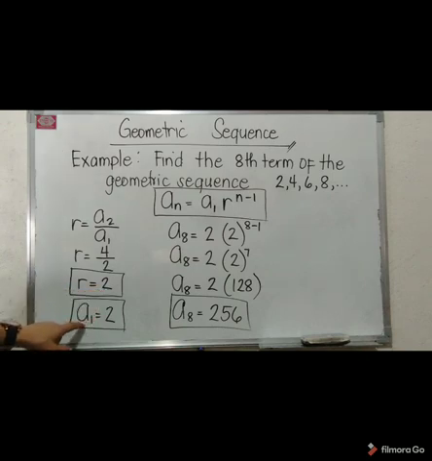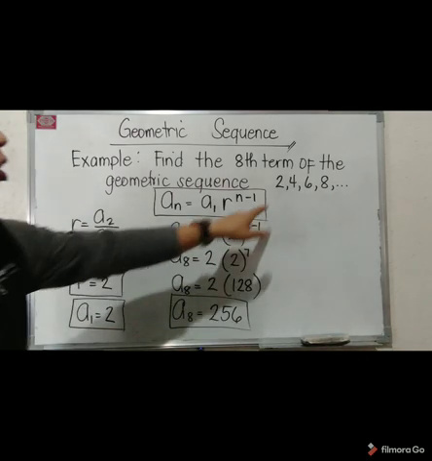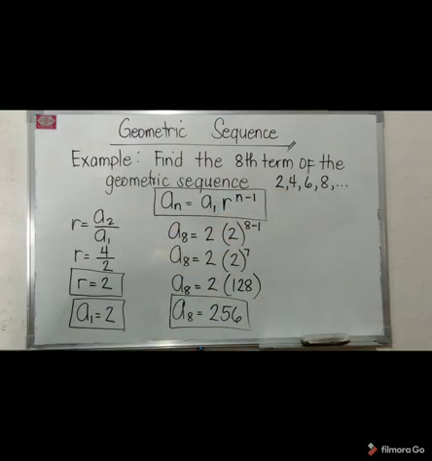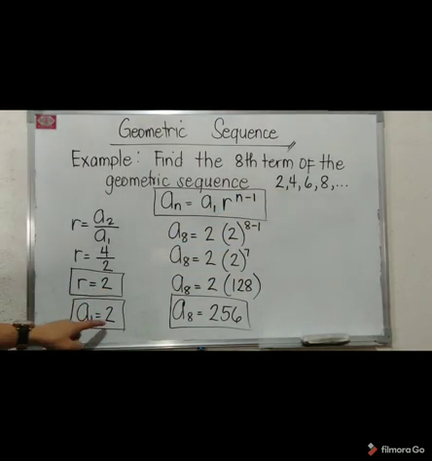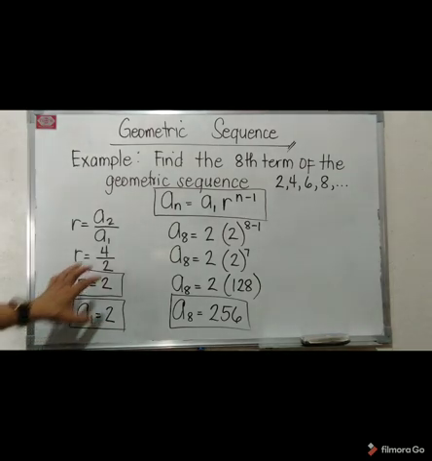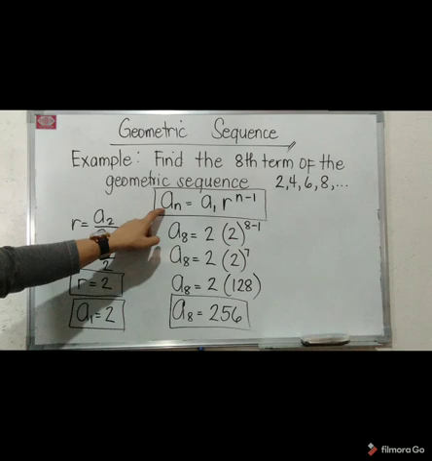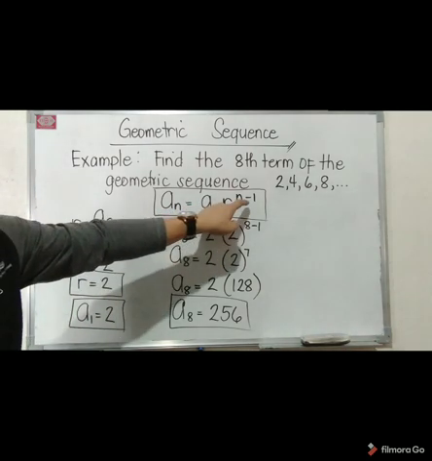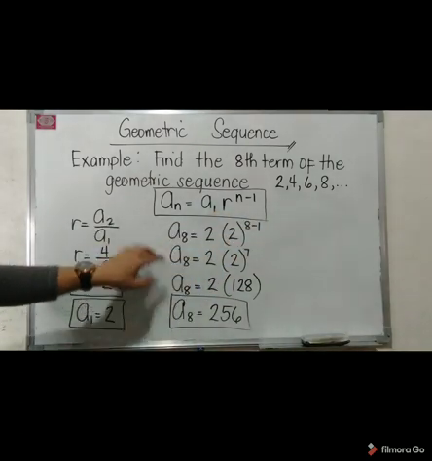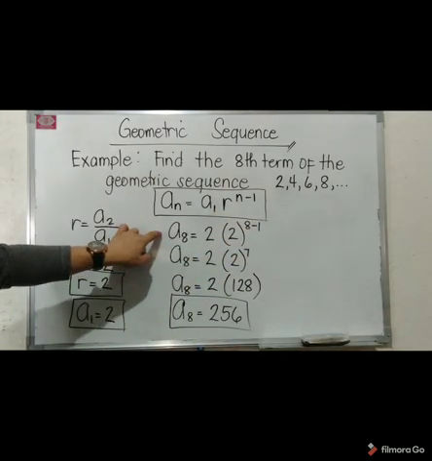Therefore, our ratio here is 2. And provided ang a sub 1 natin ay 2. So we have common ratio 2 and a sub 1 is equal to 2. So we're just going to substitute this to our formula a sub n equals a sub 1 times ratio raised to n minus 1. So we were asked to find a sub 8.